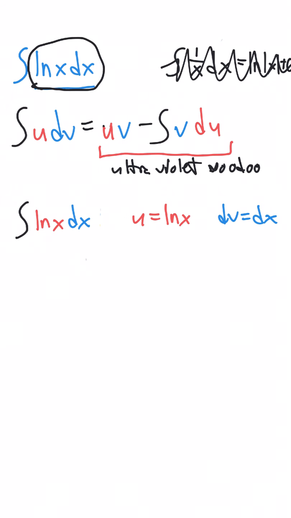Okay, great. So what's the next thing to do? A little bit of calculus, a derivative, and an integral. Let's differentiate here with respect to x. We get du dx is equal to what? 1 over x. And we're trying to get du by itself, so du is equal to what?